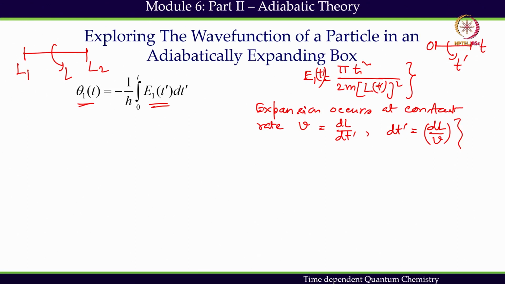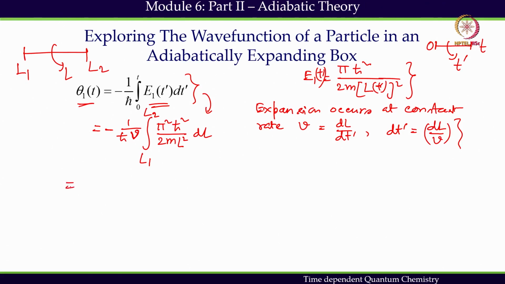So what we can do is convert this time integration to a spatial integration this way: 1 by h cut, the rate of change, and now it is going from L1 to L2. Then the integration is pi square h cut square divided by 2m L square dL, where L is an instantaneous length in the interval L1 to L2. So I have been able to convert this integration in terms of L, and then I can integrate it very easily.